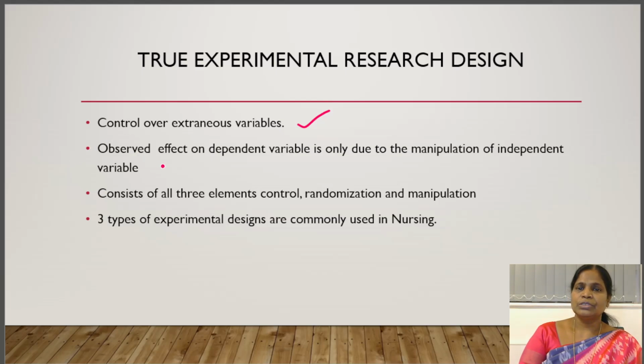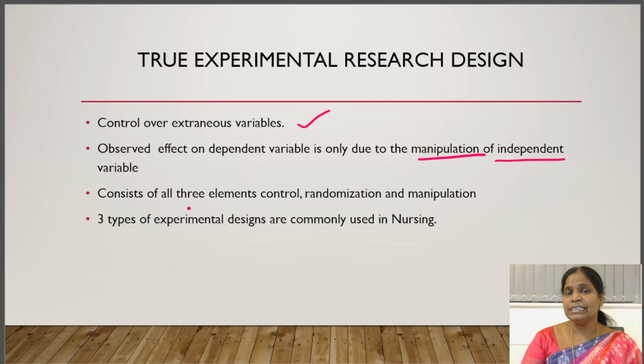Next point, the observed effect on the dependent variable is only due to manipulation of the independent variable. A variable which is not subjected to any change, we call it the independent variable.